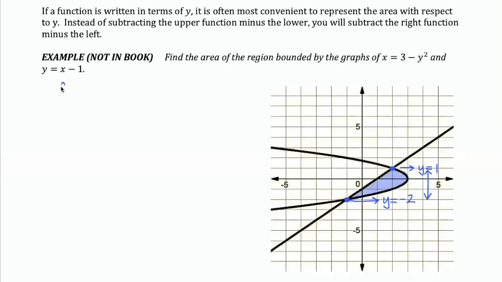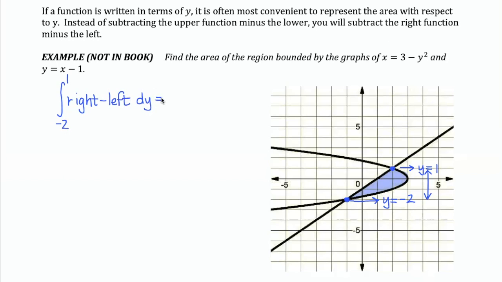So I want my limits of integration to be from -2 to 1, and I want them to be y values. But as soon as I want to integrate in terms of y, I will no longer be integrating top to bottom. I'm going to do right boundary minus left boundary.